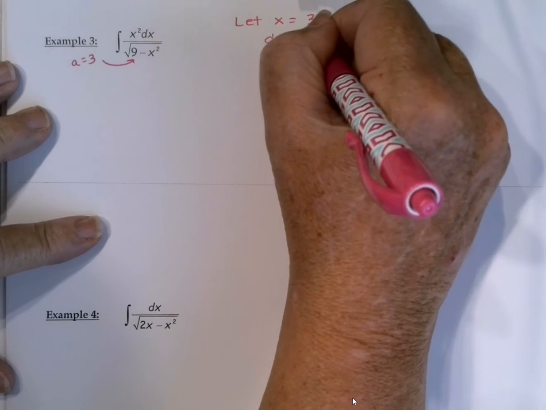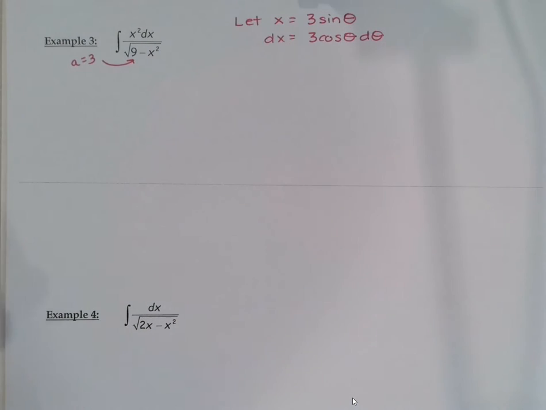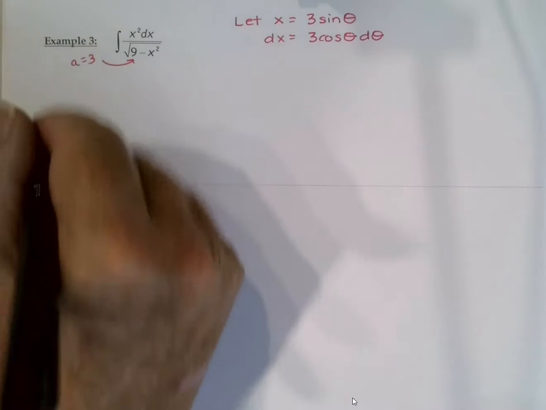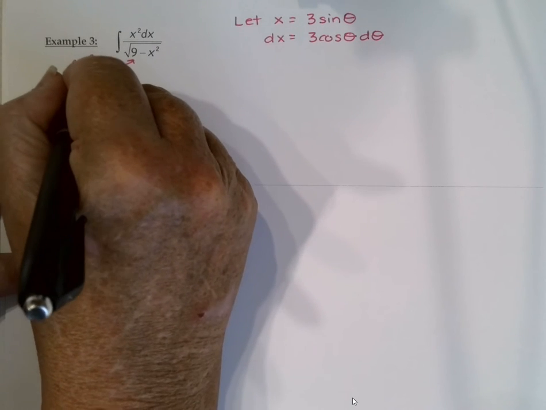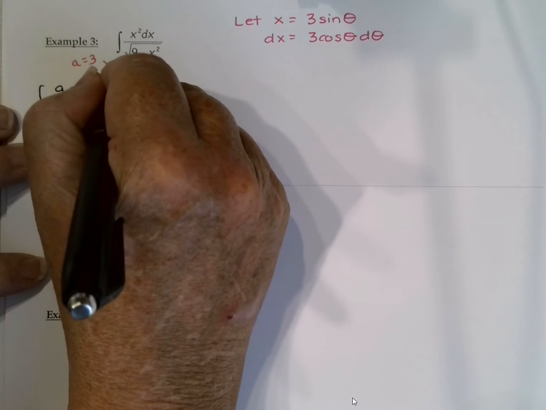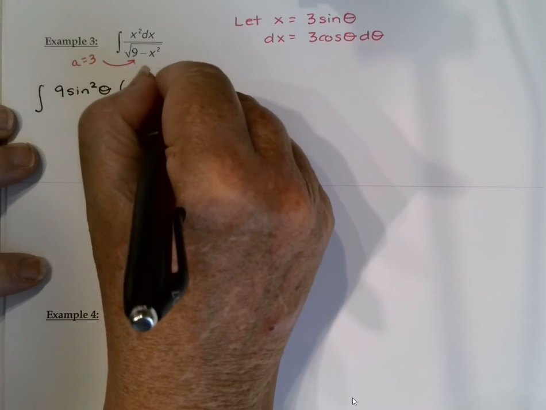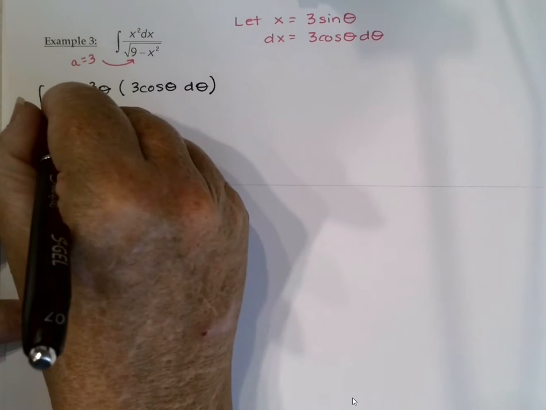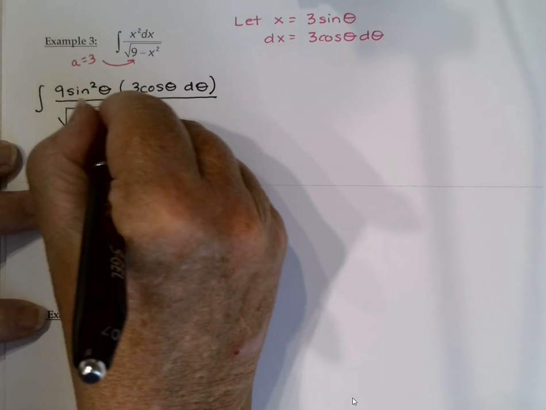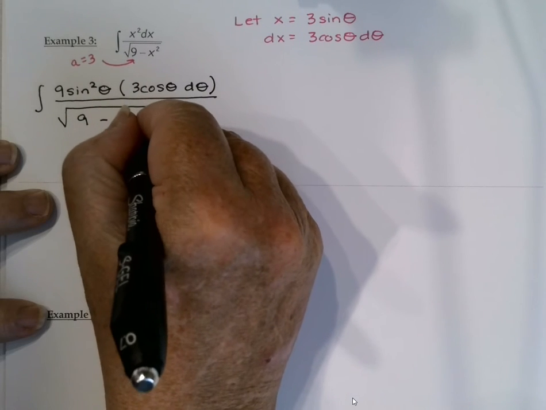dx then will be 3 cosine theta d theta. And substituting everything into my integral, I have x squared, so 9 sine squared theta times dx, 3 cosine theta d theta, over the square root of 9 minus my x squared, which is 9 sine squared theta.